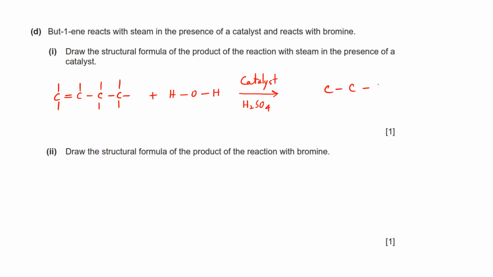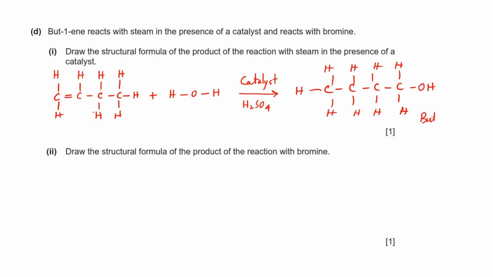On paper, it's good to write the H, to make sure you don't lose points. Generally, simply writing a bar also works. And this is your butanol alcohol.